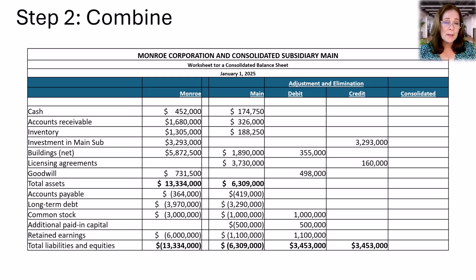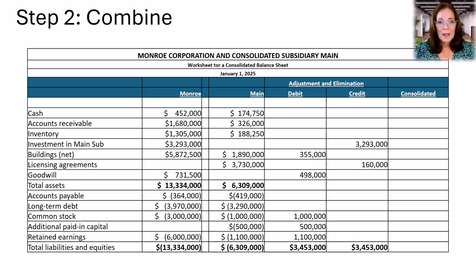And that's what we'll do in step 2, combining the parent and subsidiary balance sheets now that we've completed the adjustments and eliminations. First, we combine the cash balances for Monroe and Maine, $452,000 and $174,750, with no adjustments or eliminations, which is $626,750. Accounts receivable combined is $2,006,000.